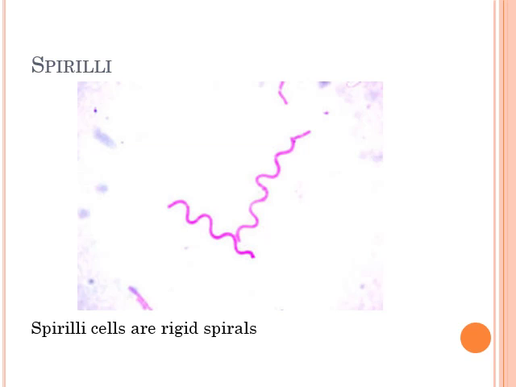I really am hungry. So those are your 5 different shapes that I'm going to want you guys to know: spirilli, spirochetes, vibrios, bacillus, coccus. And like I said, it will probably be a matching section.